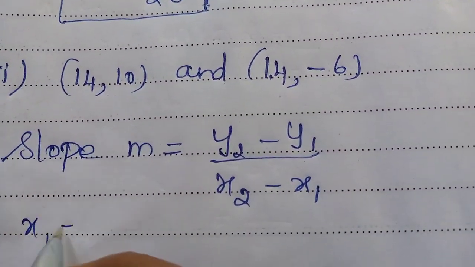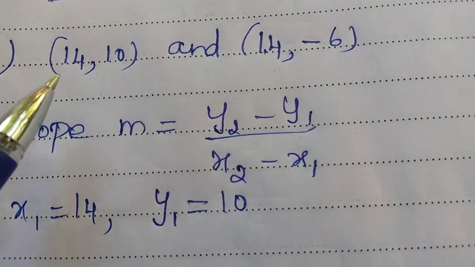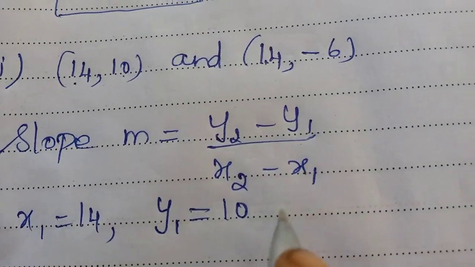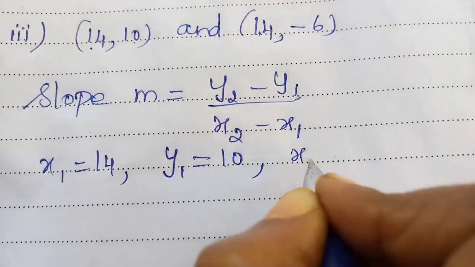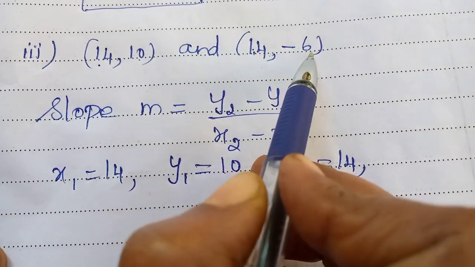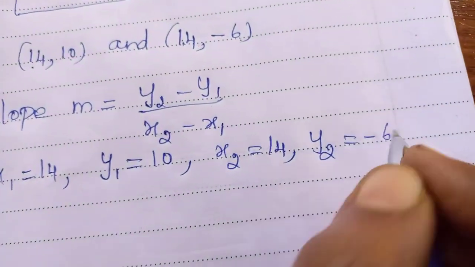x1 is equal to 14, y1 is equal to 10. And x2 is equal to 14, y2 is equal to minus 6.